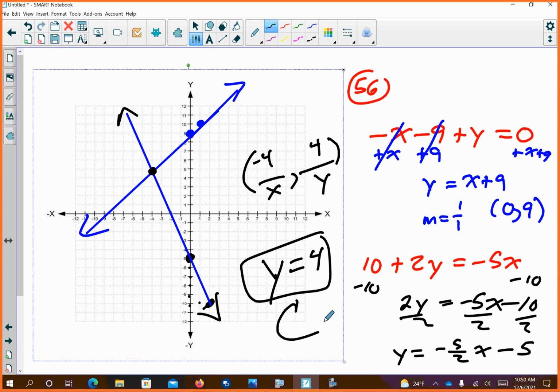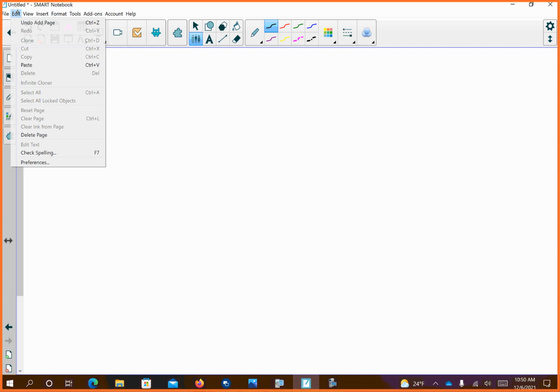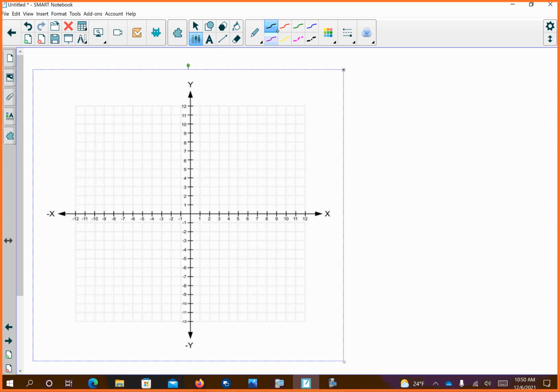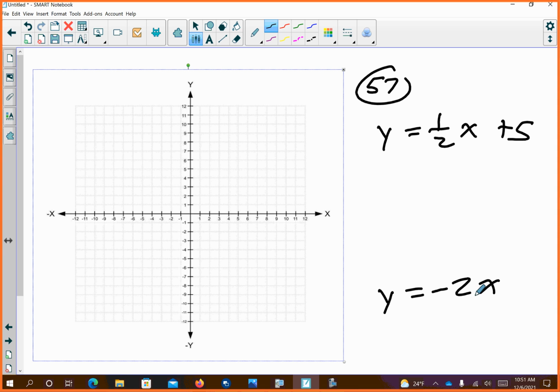On the back page, another graphing one. So we have y equals 1/2 x plus 5, and y equals negative 2x. So I'll do this one in red. We've got a y-intercept of 0, 5. Slope of 1/2.